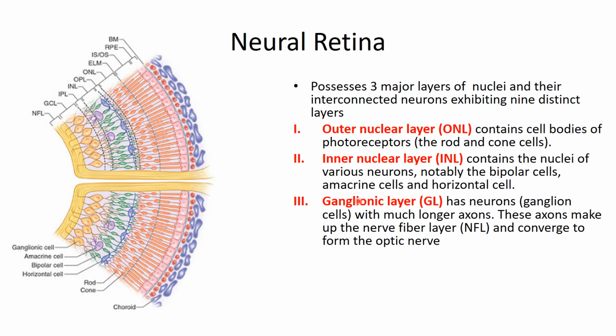Now about this neural part of the retina, which arises from the inner layer of the optic cup. This neural retina possesses three layers of neuronal cell bodies, and they are interconnected neurons. It can be understood by the outer layer with respect to the pigment cell epithelium, which consists of the photoreceptor cells.